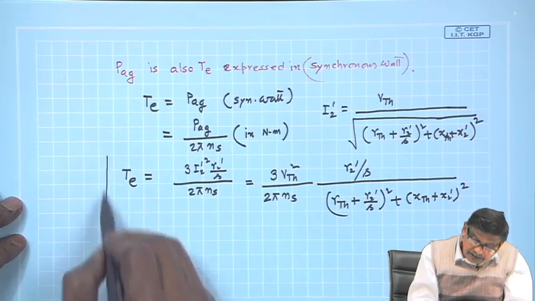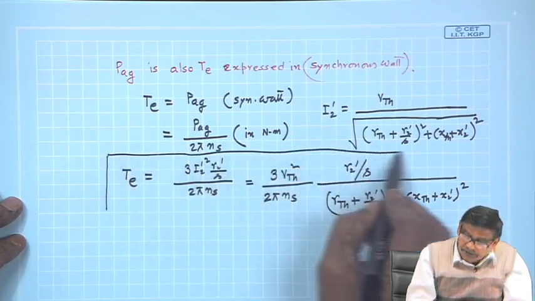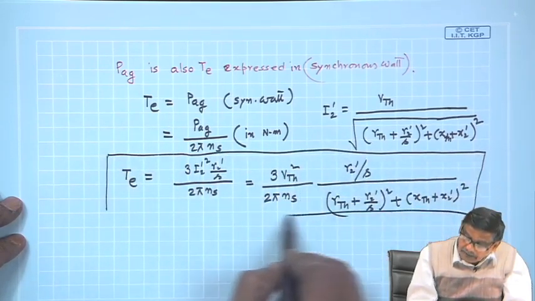So, this is the expression of the torque in terms of equivalent circuit parameters.